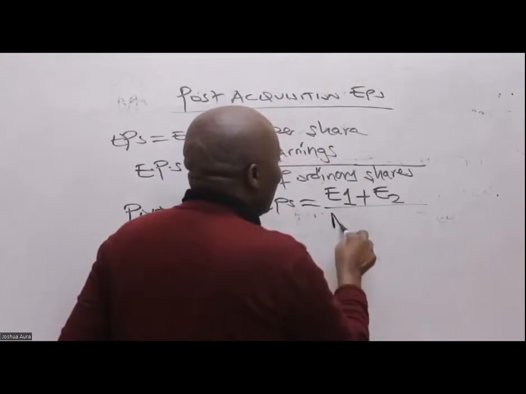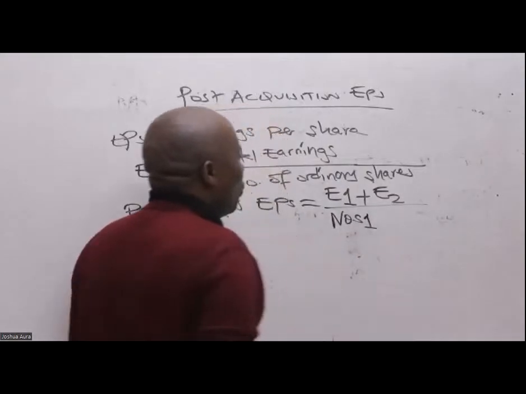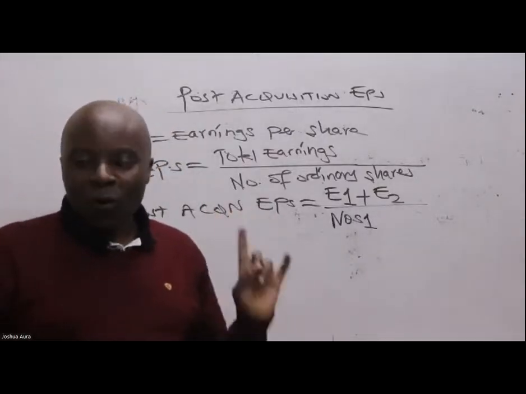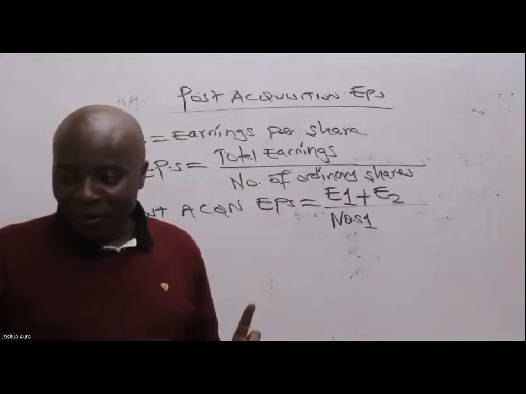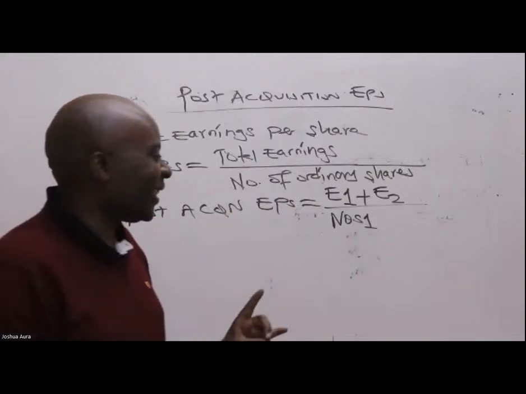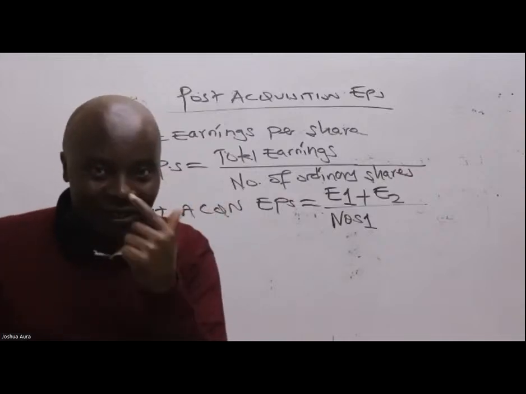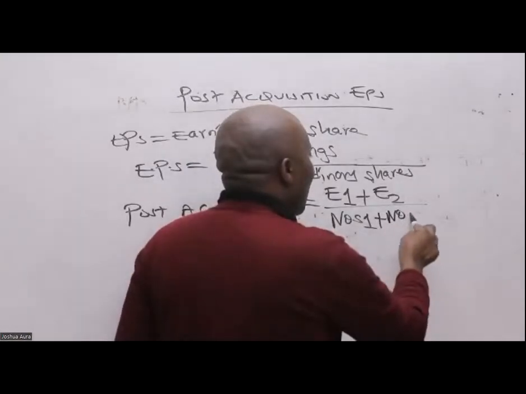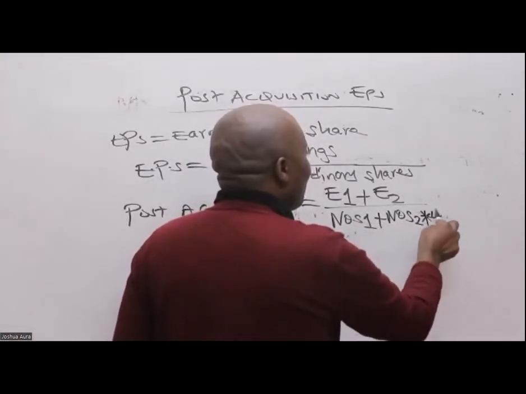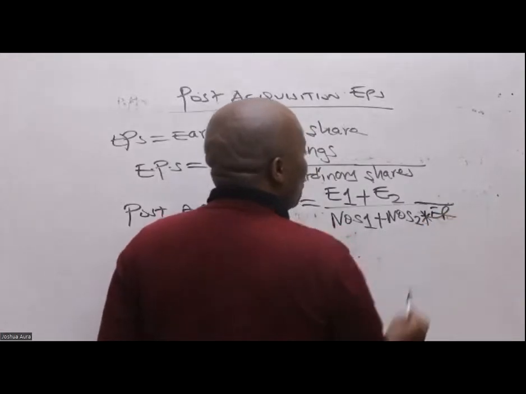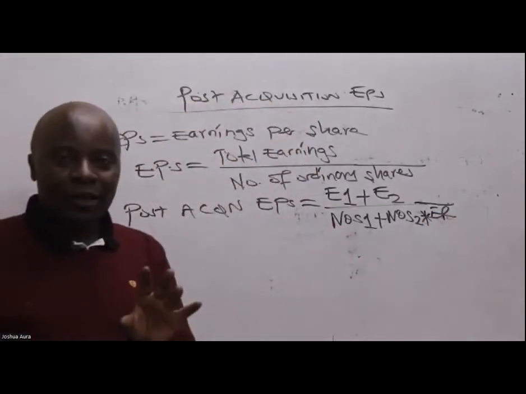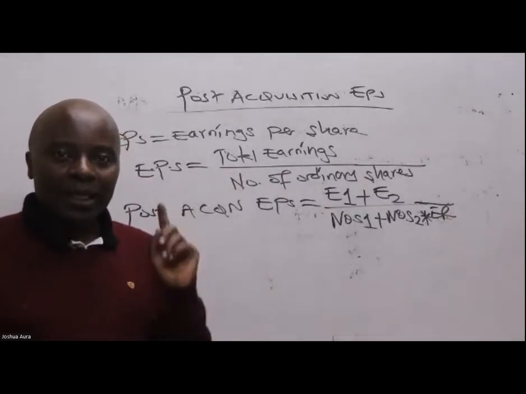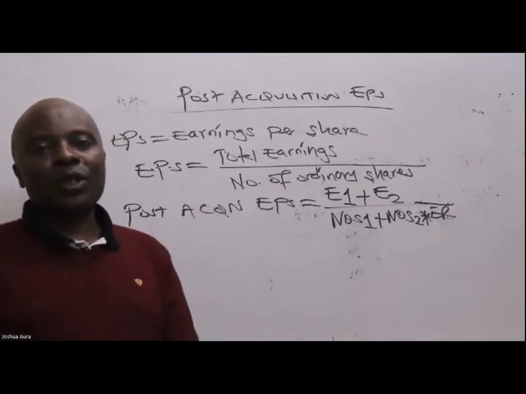All over, then we have NOSE 1. Whenever you see us using the word NOSE, NOSE stands for number of ordinary shares, plus the number of ordinary shares of company 2. But remember that company 2, which happens to be representing the wife, must be multiplied by what we call the exchange ratio.